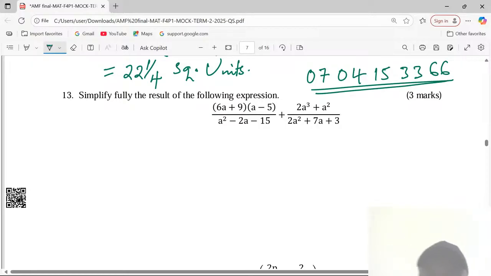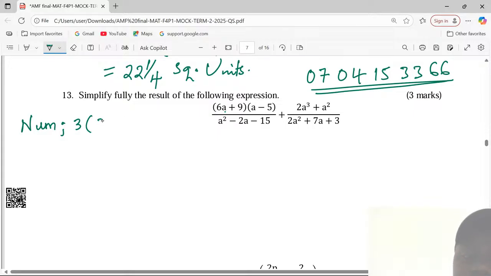To work this out, we are first going to deal with the left-hand side. We finish up everything, then the right-hand side. Let me begin with the left-hand side, on the left numerator. Remember, 6a plus 9 is not fully simplified because there is a 3 in there.